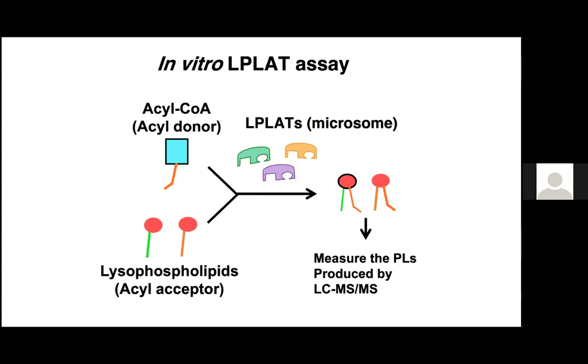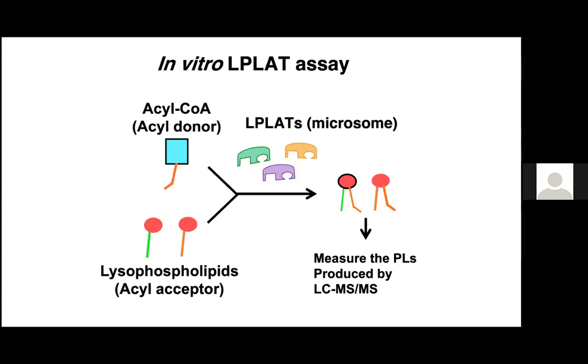This reaction requires 3 components: acyl-CoA as an acyl donor, lysophospholipid as an acyl acceptor, and a microsomal fraction as an enzyme source. These components are mixed and reacted for a certain time, after which the phospholipids produced are quantitated by LC-MS.